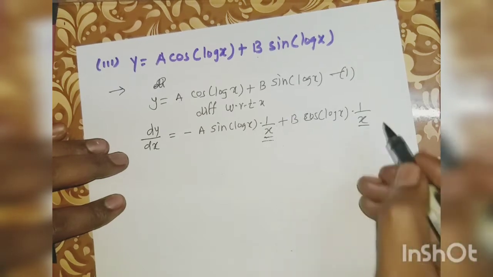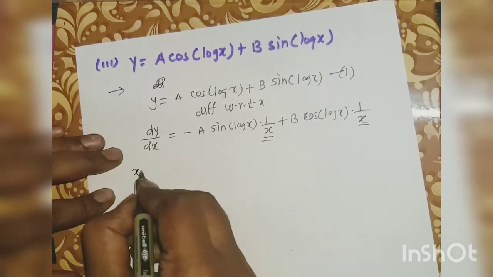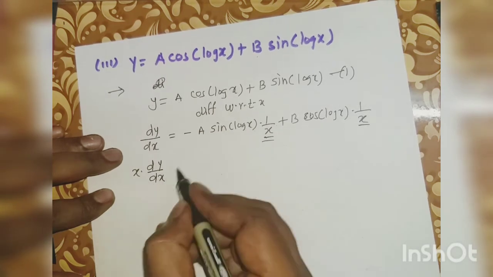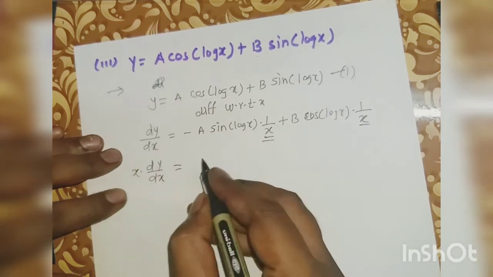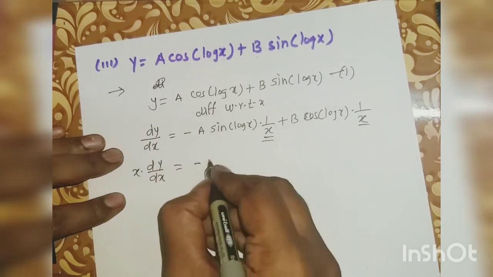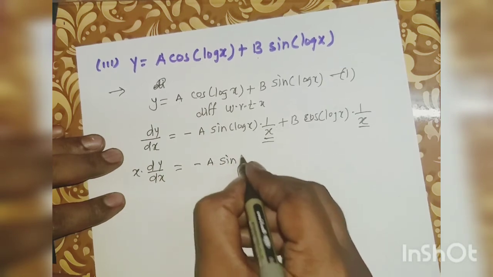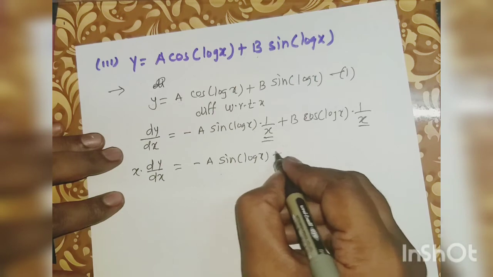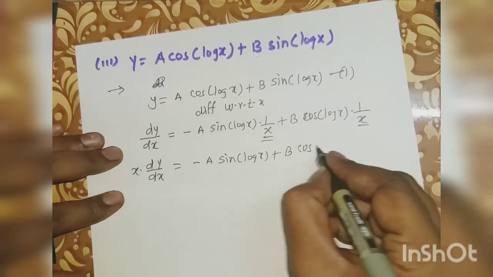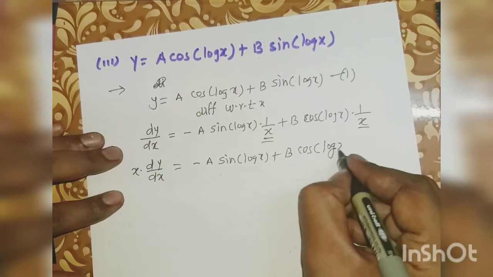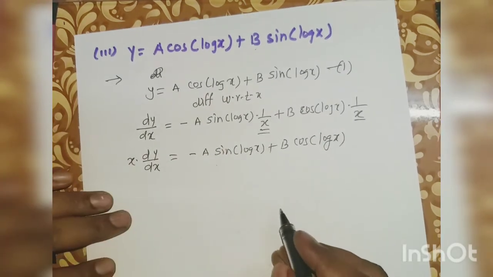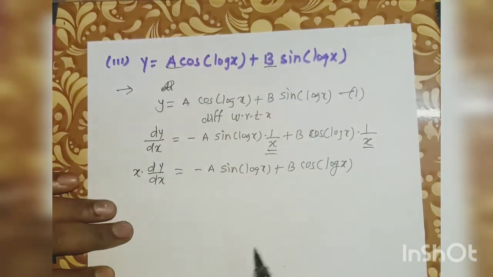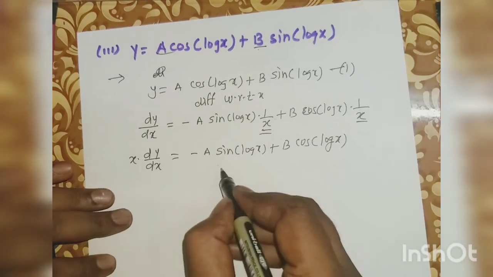Now 1 by x is common, take it to the left hand side: x into dy by dx is equal to minus a sin of log x plus b cos of log x. Now this equation contains two arbitrary constants, so we take the second order derivative.